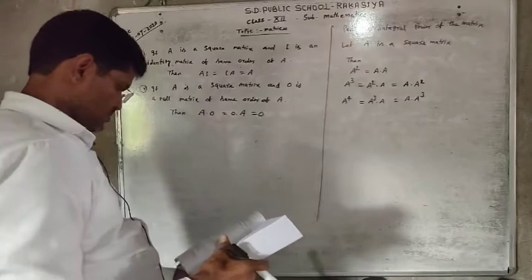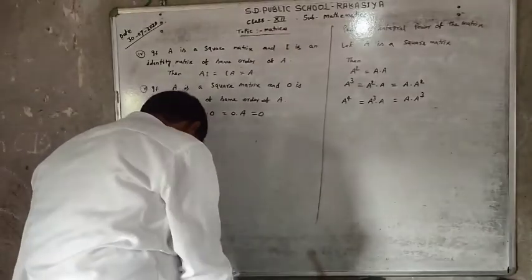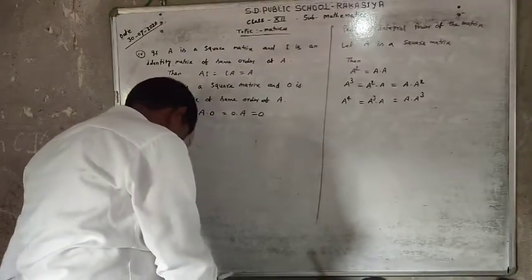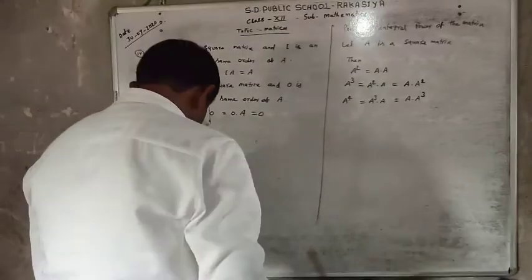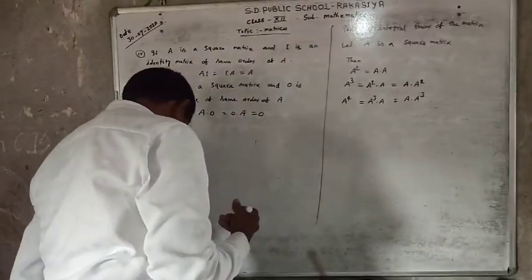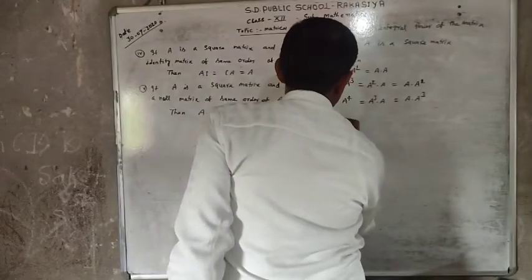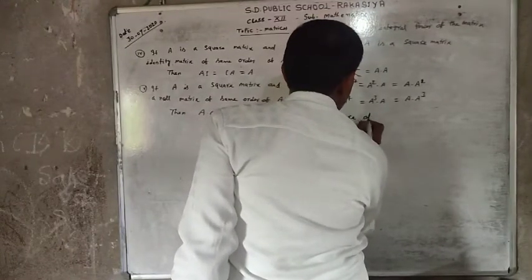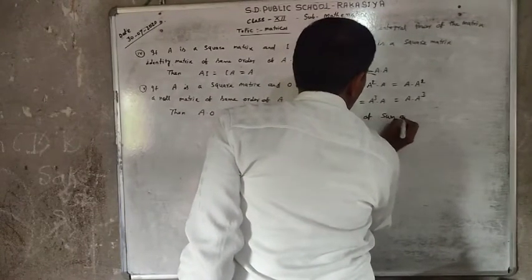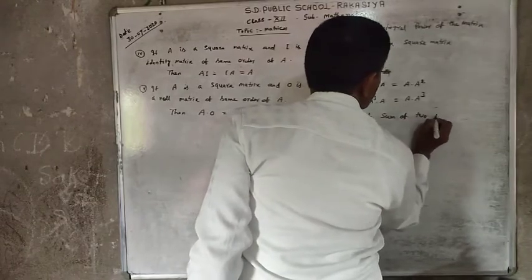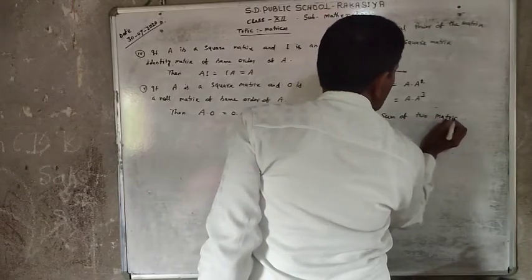Now we find the square of the sum of two matrices.